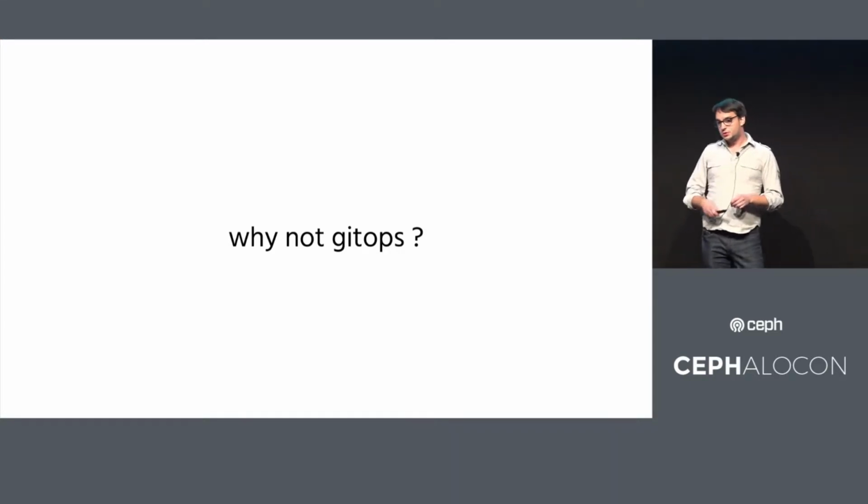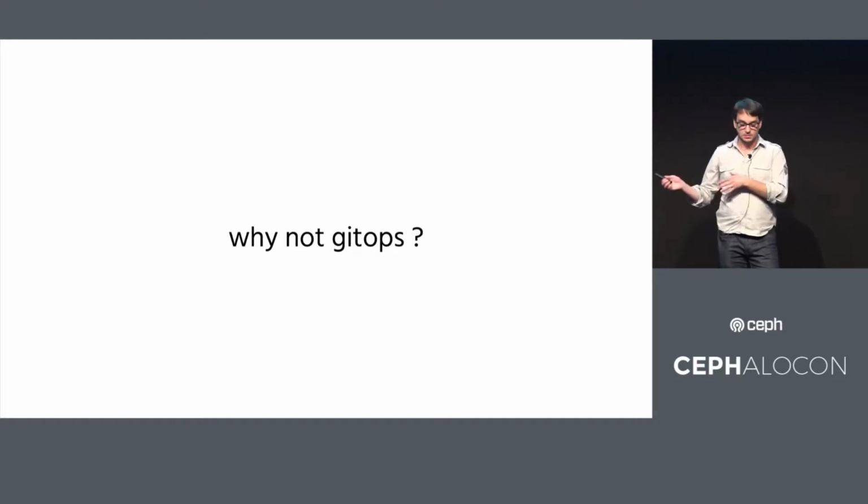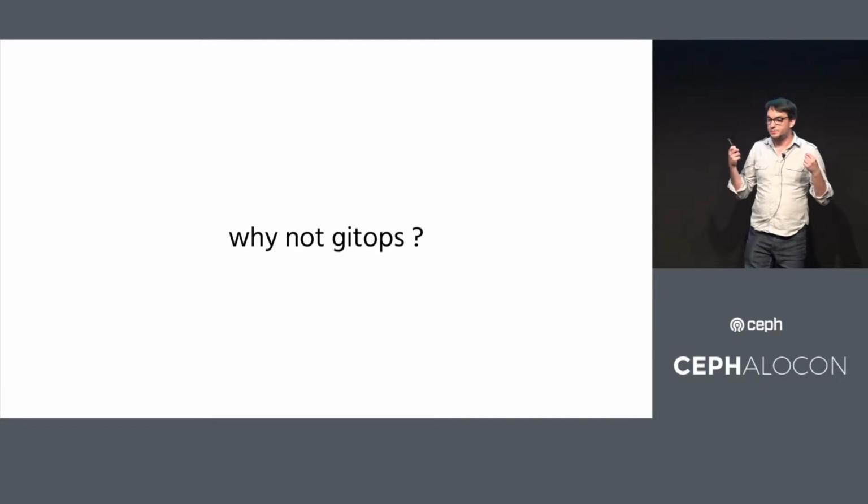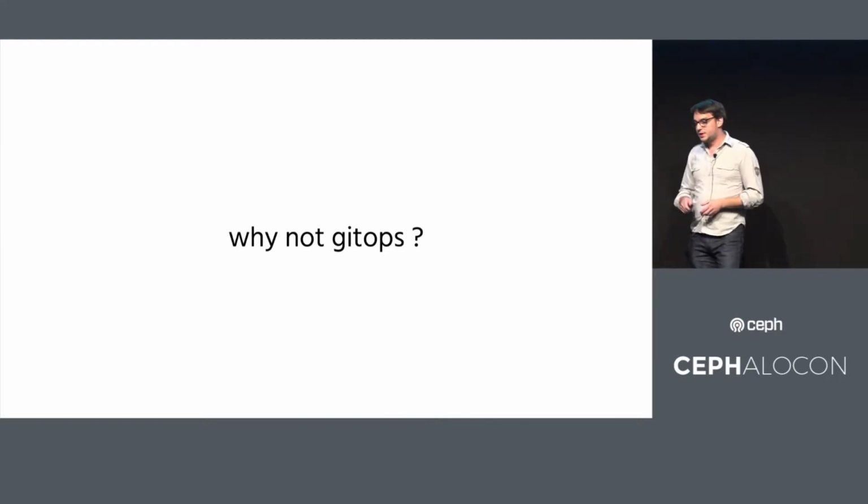It allows you to roll back versions, comment, and much more on the configuration of your Ceph cluster. If you use a configuration management tool, most of them use text files, so it's perfect for this purpose.